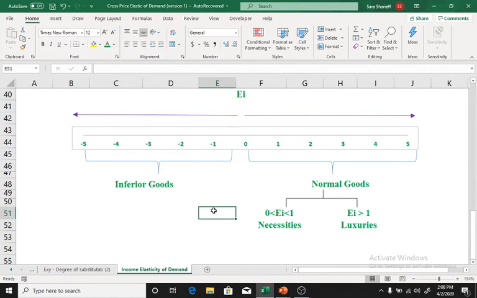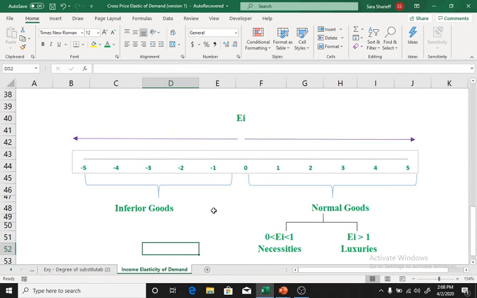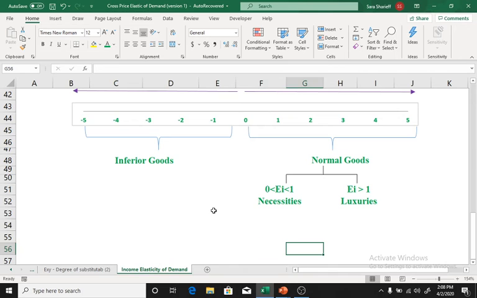Right? Question number 1, why do necessities have a low income elasticity of demand? यहाँ पे EI between 0 and 1 का क्या मतलब? That your numerator, come back to the formula of income elasticity, your numerator is less than the denominator. Percentage change in quantity demanded is not significant. Why?